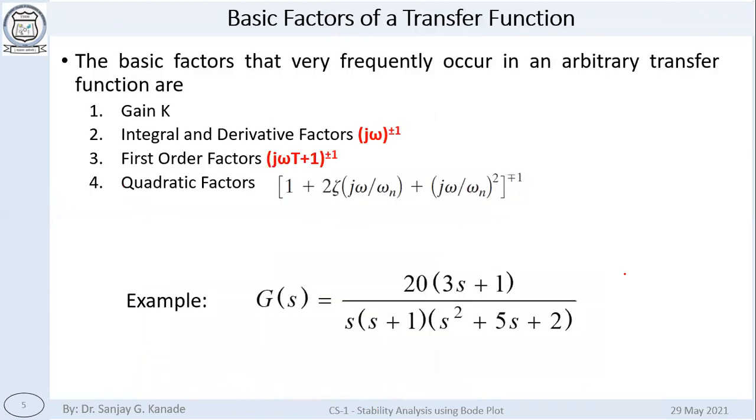Okay. Now let's move on to the calculation of Bode plot. Now remember that the Bode plot, both the magnitude as well as the phase plot, are going to be smooth curves, smooth functions of frequency.